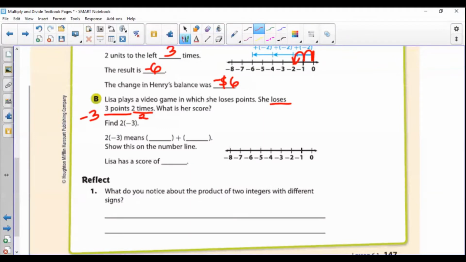So -3 is the amount of points that she's losing, because losing 3 points is negative, and it happens 2 separate times. So we're going to model this on our number line so we can see exactly this amount of movement. Find 2 times -3, because it's 2 groups of -3. All that means is I'm going to be adding -3 over and over, and I'm going to do that 2 times.